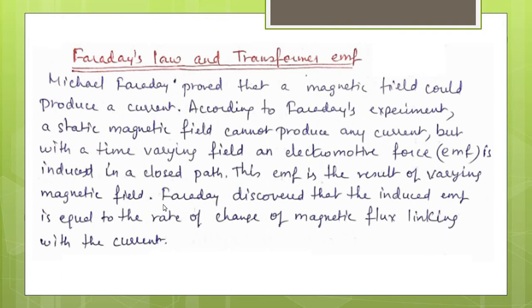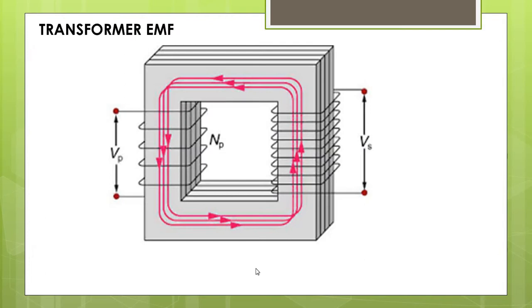He also discovered that the induced EMF is equal to the rate of change of the magnetic flux linking with the circuit. So we have two terms here: one is the transformer EMF, the second one is the generator EMF.